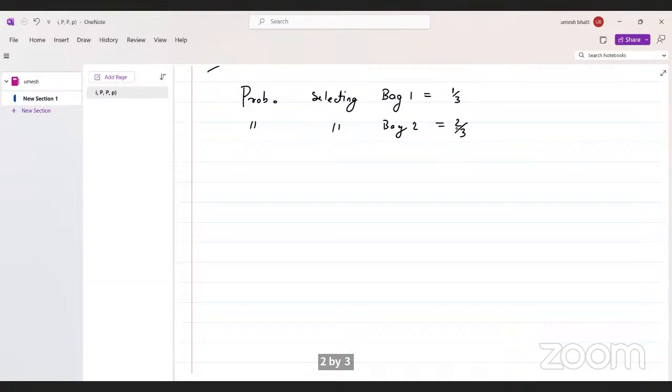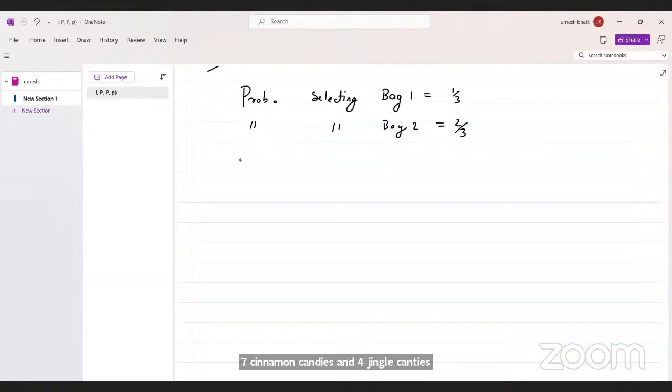This is one piece of information which they give. And how many candies are in the bags? Bag 1 has 7 cinnamon candies and 4 ginger candies.